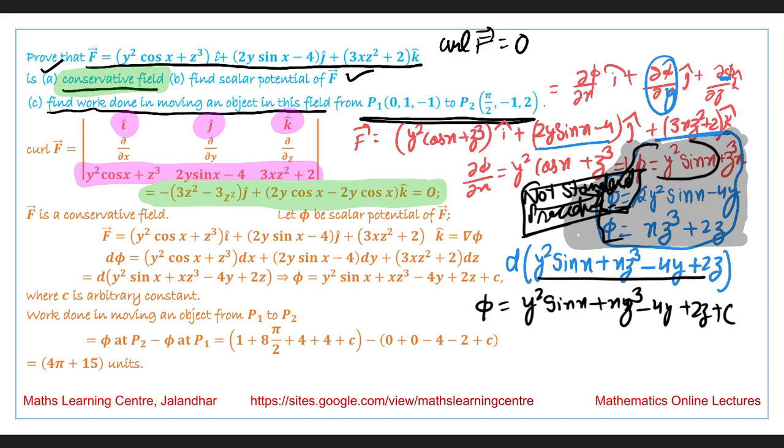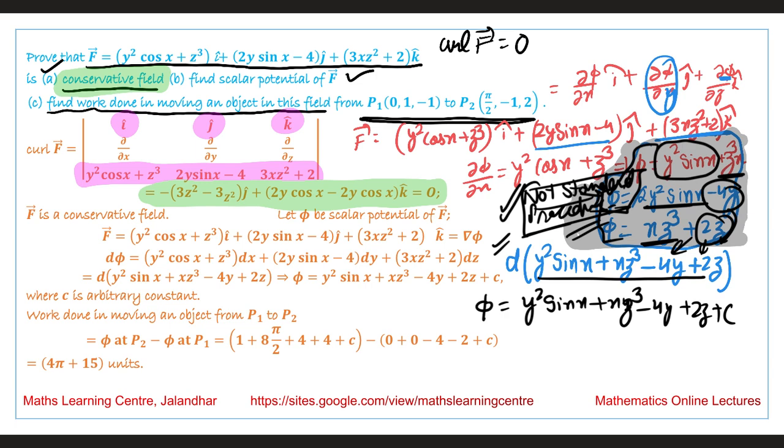You can see it is y square sin x, then z cube x, and then these two terms, 2z and minus 4y. Again, this is not the standard procedure to calculate the total derivative, but just to find the answer here, we are using this procedure.